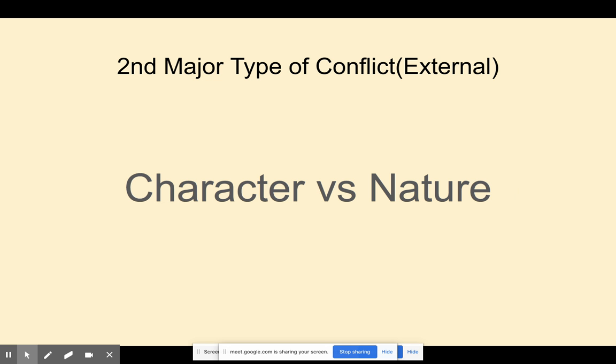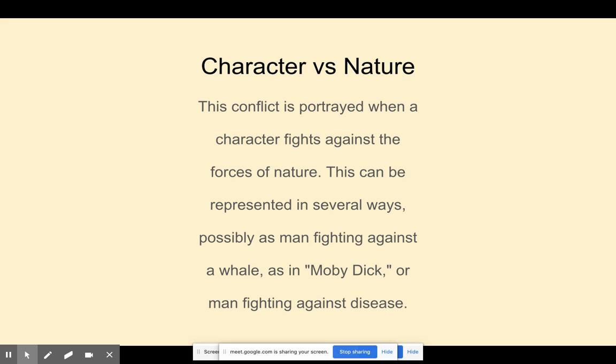So obviously Out of the Dust and Interstellar both dealt with character versus nature, right? The planet was basically making their lives miserable. It was dust storms essentially, and running out of food, and all the scientific stuff that the people were dealing with in outer space would be considered nature.